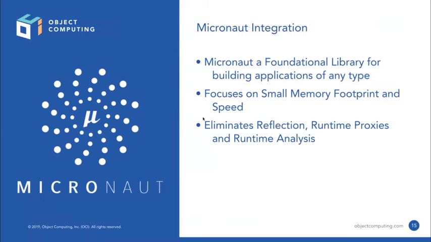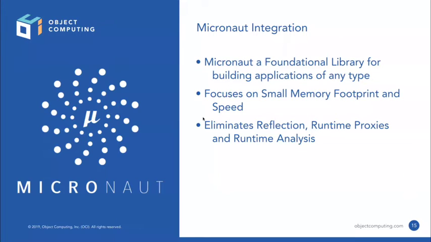And all of that is achieved through the elimination of reflection, runtime proxies, and runtime analysis of your code. So Micronaut does almost everything at compile time that can be done at compile time, right? When you compile your application with Micronaut, additional classes get created, and we use those classes to create your beans.